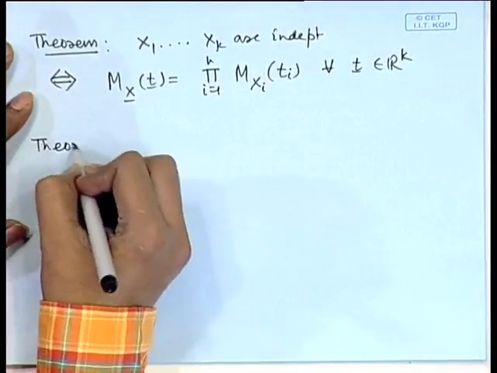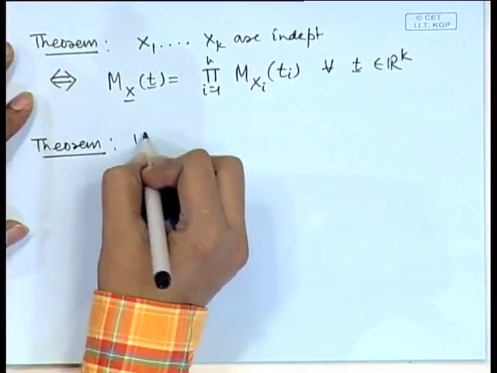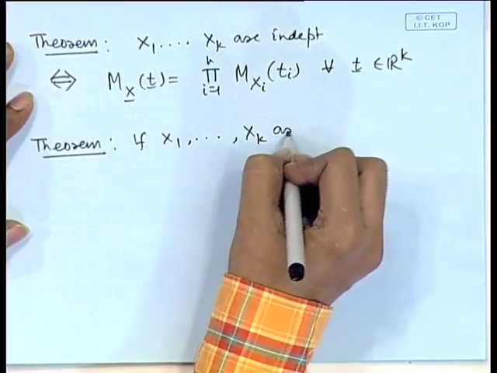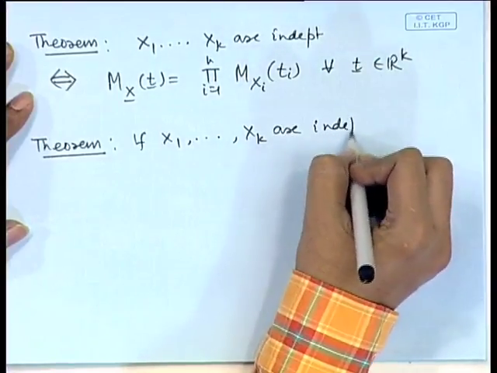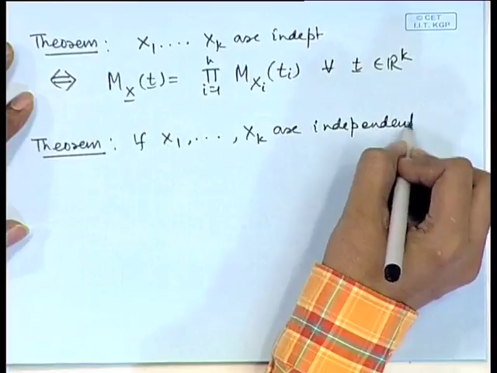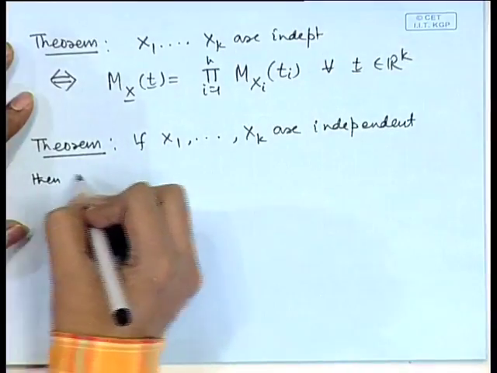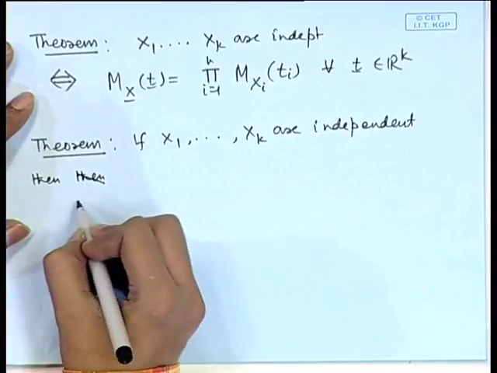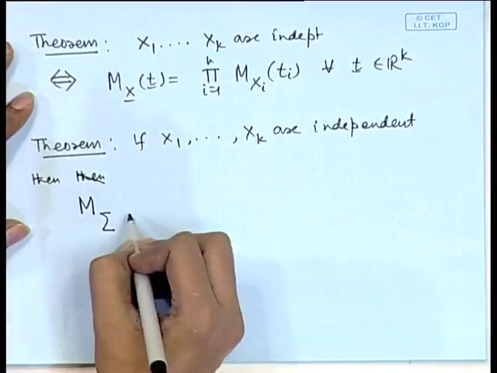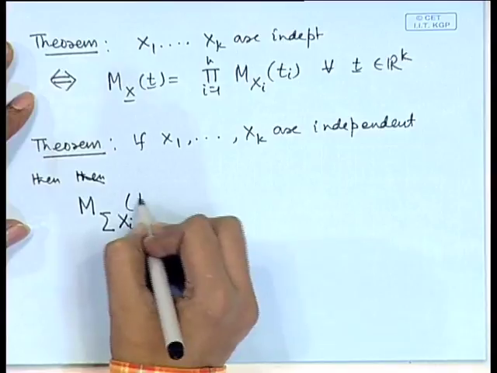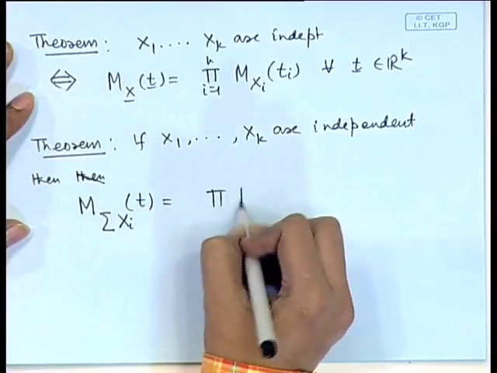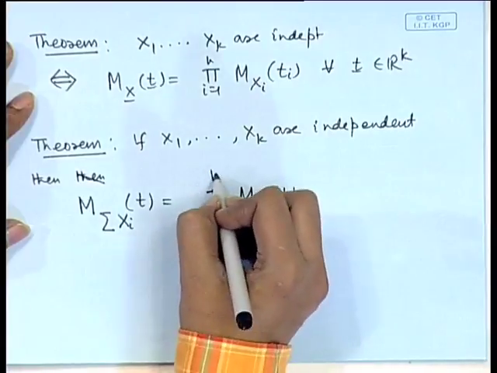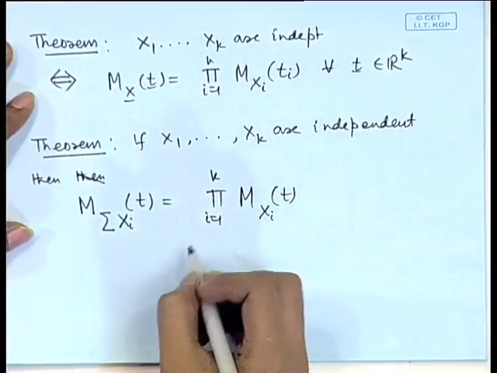Similarly, if the random variables X 1, X 2, ..., X k are independent, then the MGF of the sum is the product of the MGFs.